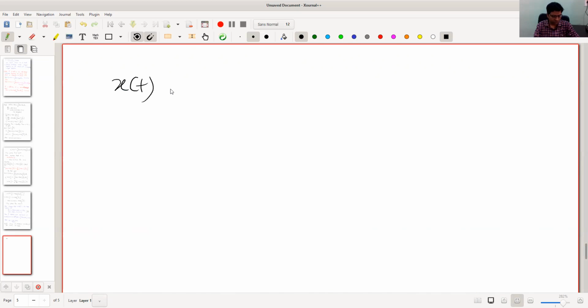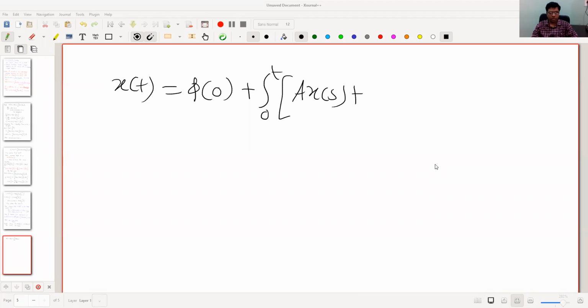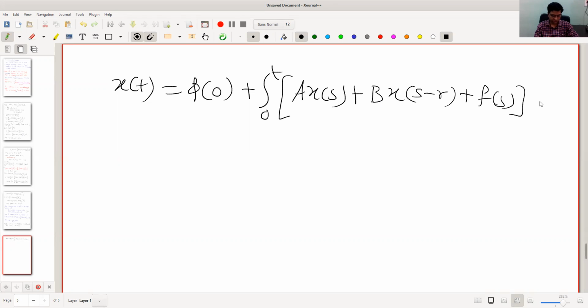We take it to the right hand side, so that x of t is equal to phi of 0 plus integral from 0 to t of ax of s, s is the integration variable, plus bx of s minus r plus f of s ds.